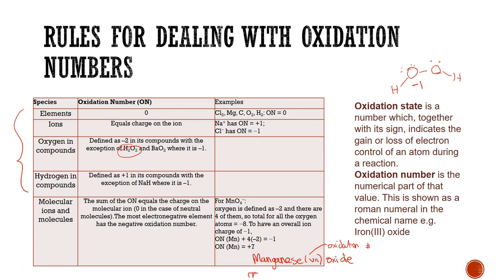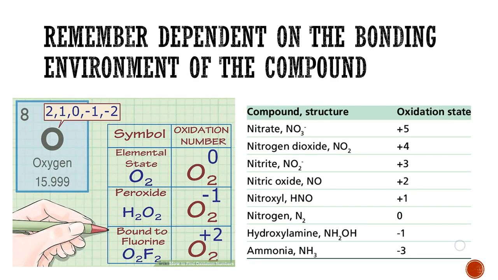They tend to get used interchangeably, but IB does ask us to make a note that the oxidation state is a number together with its sign. So again, we can't imply a positive sign, we have to include it. So we have the sign and the number, and it shows electron gain or loss during a reaction.